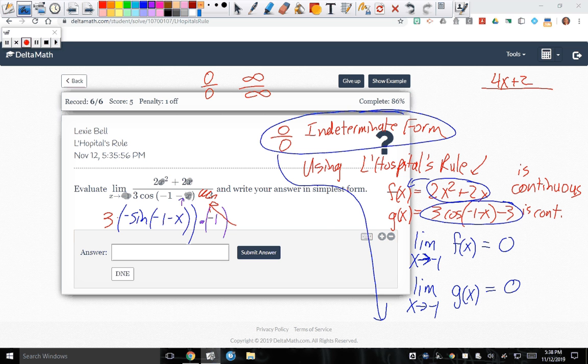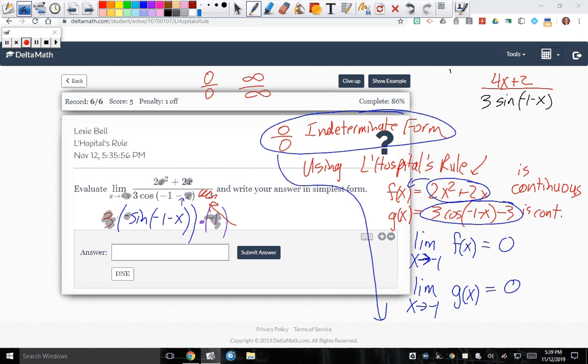So now you can write the bottom as, let's see, I have a negative times a negative, which is a positive, 1 times 3, which is a positive 3, so it'll just be 3 sine of -1 minus x.